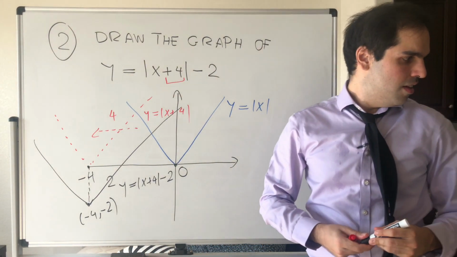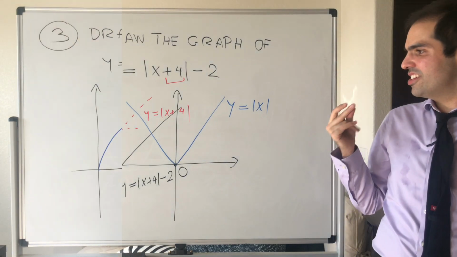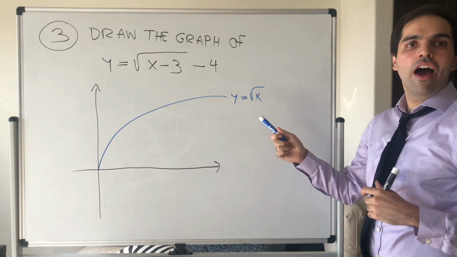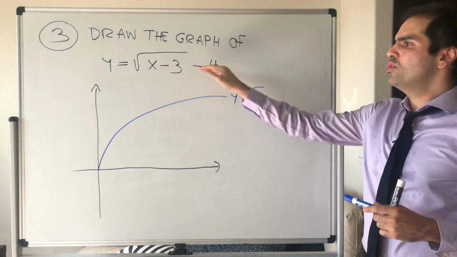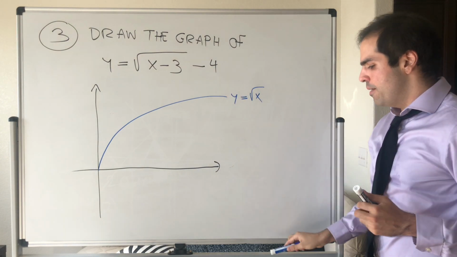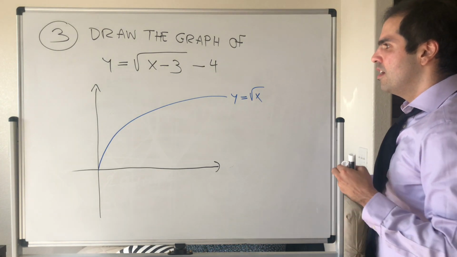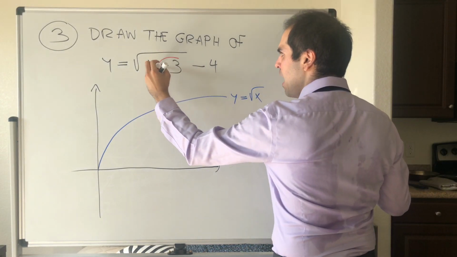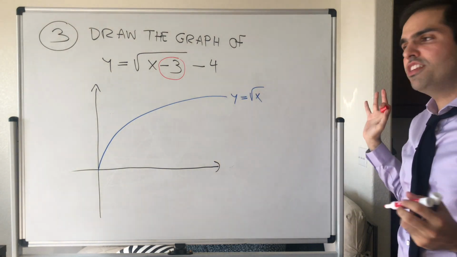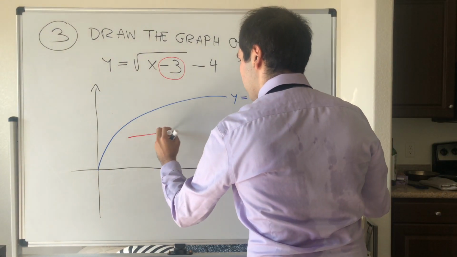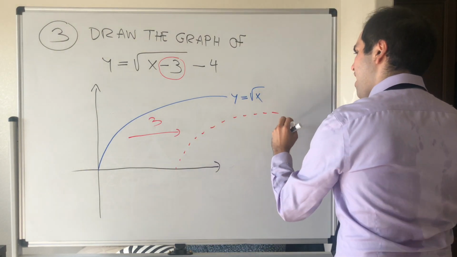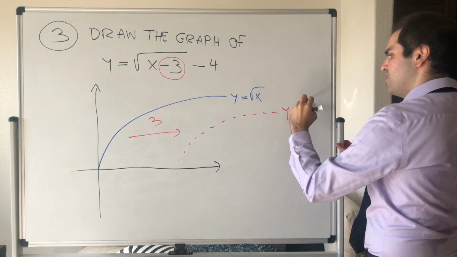Okay. Good. All right, next question. This time again similar. Suppose you have the graph of y equals the square root of x. How would you draw the graph of y equals the square root of (x minus 3), minus 4? So again, here we have a minus 3, so we're running out of time, so you're shifting it to the right by 3 units. So the graph of the square root of (x minus 3) looks like that.